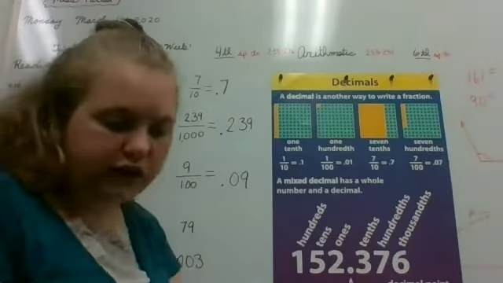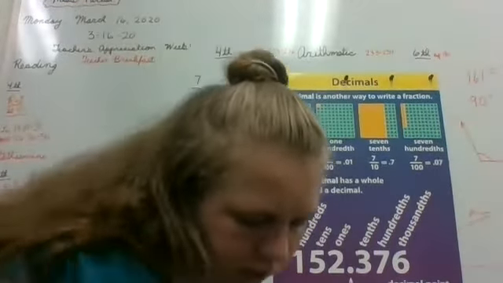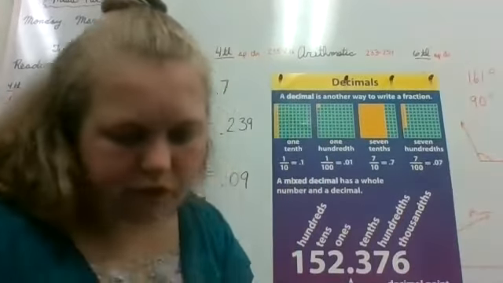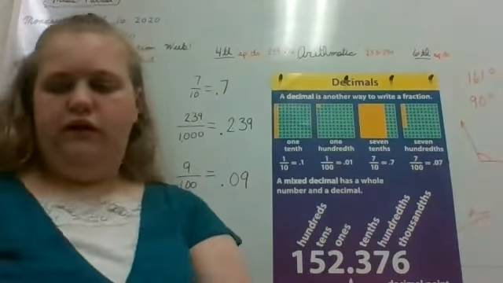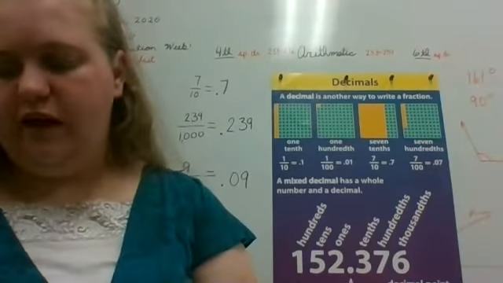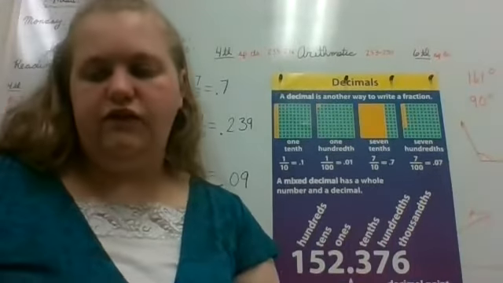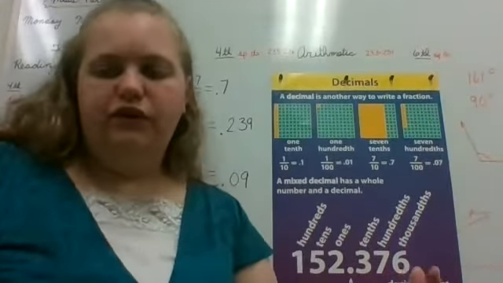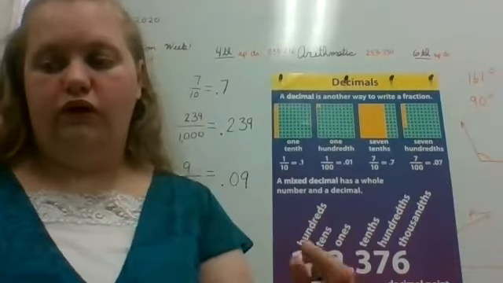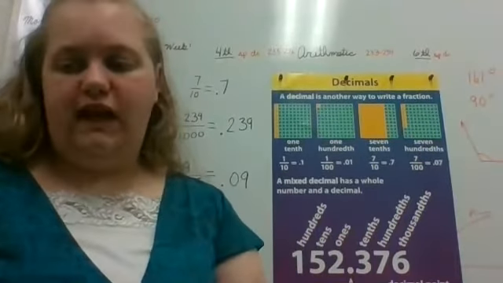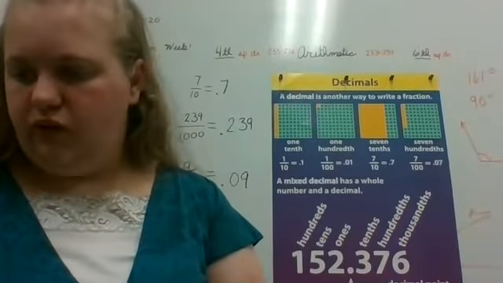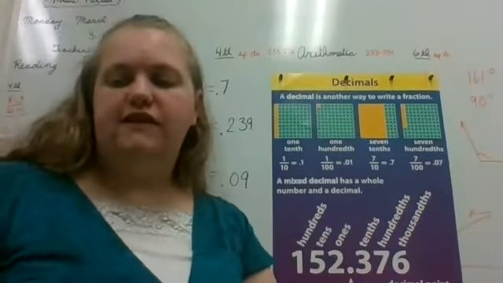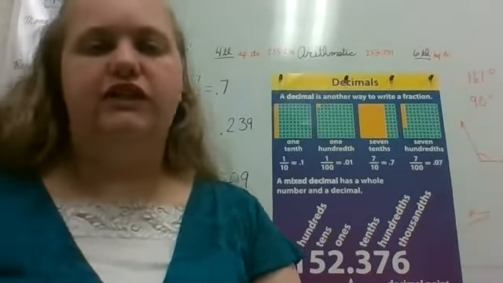All right, on your paper, that first section is match these by drawing lines. And so that's your decimal to the words that we would say. So you can do that on your own after this video, but look at section 2, and it says write each fraction as a decimal.